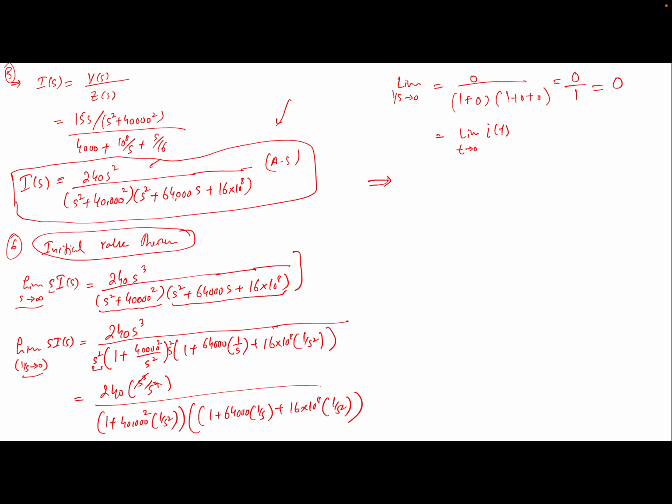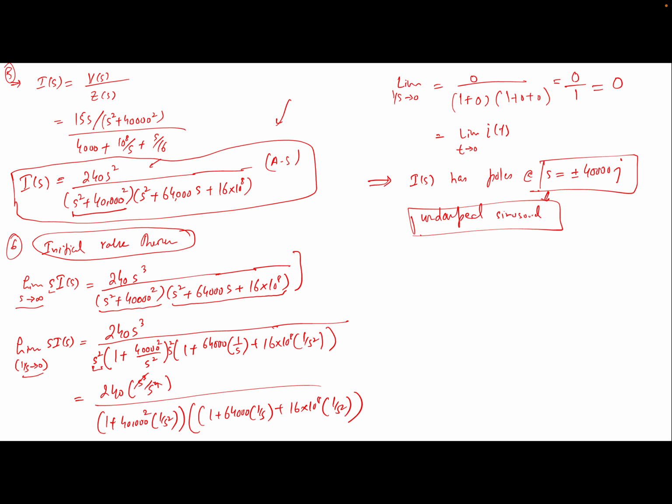Now the problem over here is that if you look at I(s), it has poles at s equals plus minus 40,000 j. If I were to solve this, I'm going to get two poles, plus minus 40,000 j. And the problem with plus minus 40,000 j is that this is going to create undamped sinusoid terms.